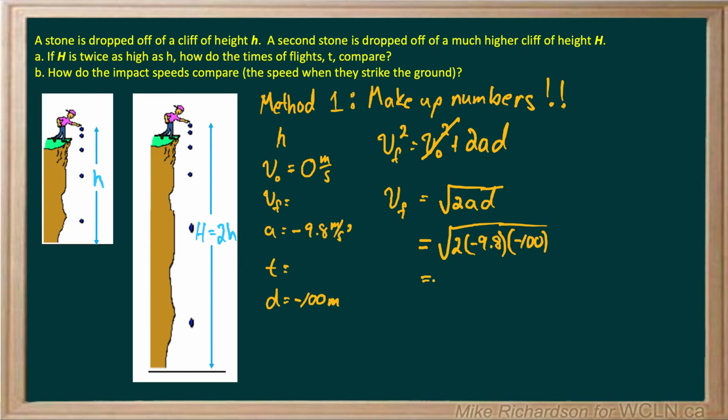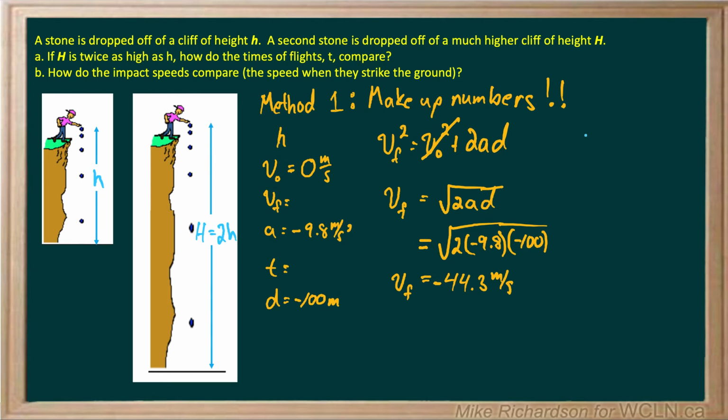And if I crank that out on my calculator, I get 44.3. So v final, just before it hits the ground, and I guess it's on its way down, we might as well be consistent, is -44.3.